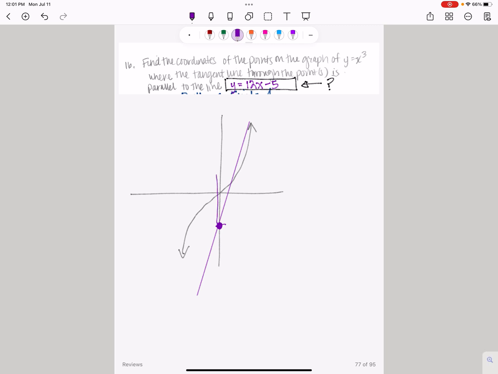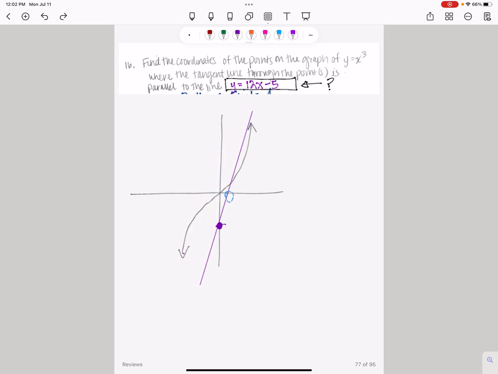We'll say that this slope is 12 over 1, right? Up 12, right 1. I'm looking for where this slope is the same on the graph. So it would appear maybe right there when x has a positive value, and then when x has a negative value, tangent right here, tangent right here.